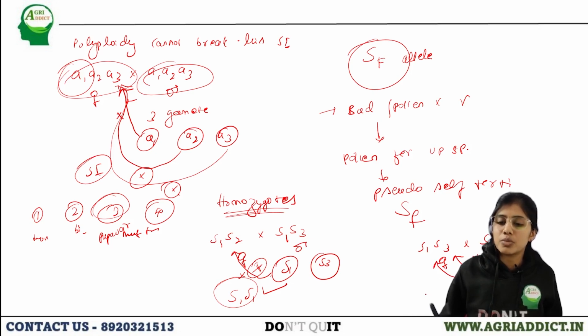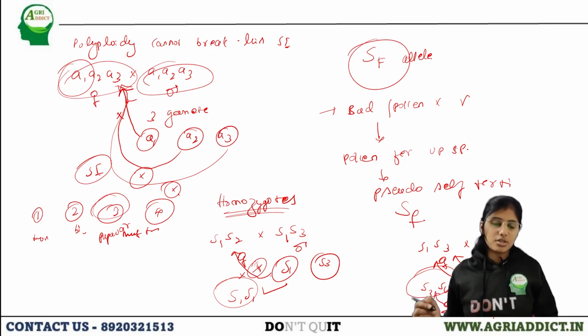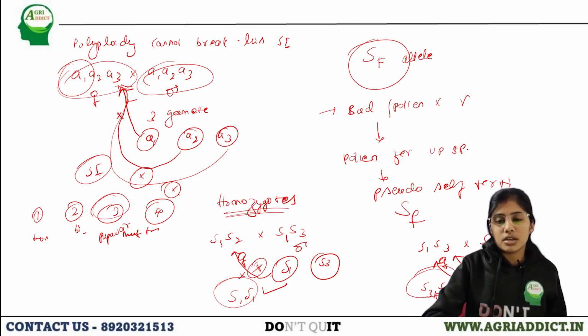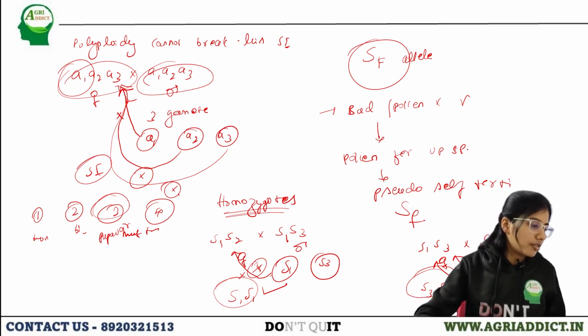So let us take the reciprocal cross of S3, S4 with S1, S3. This is a female and this is a male. So here also S1 is not matching with any of the alleles, so it is able to affect the fertilization. S3 has a matching allele, so it cannot affect the fertilization here. So this is the gametophytic system of self-incompatibility.